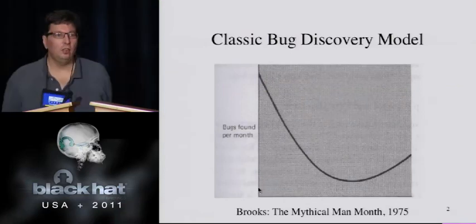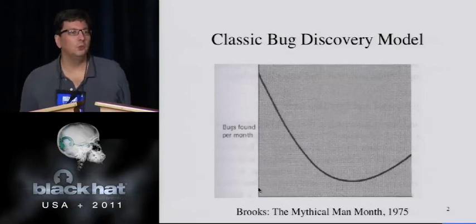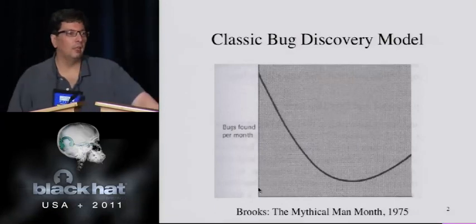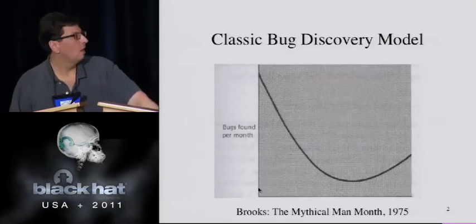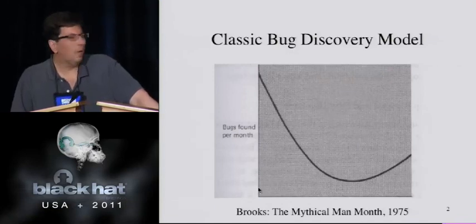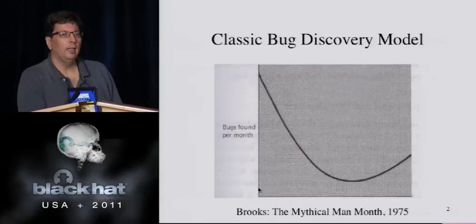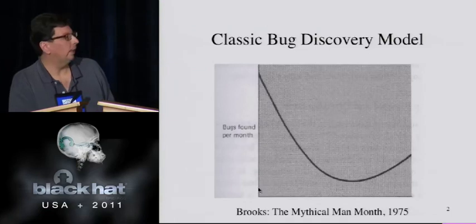This is as close to biblically given truth that computer science and software engineering has about the software life cycle, which is at the beginning of the life cycle, right after you release your software, it has lots of bugs in it, the easy ones, and you find them quickly.